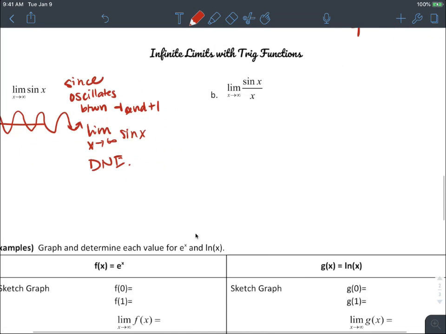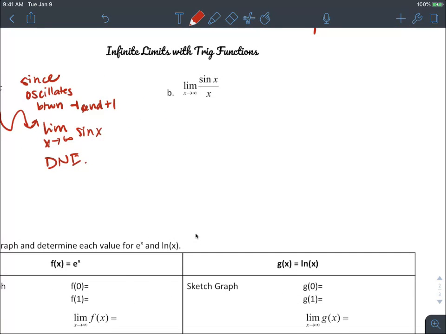Okay, here's a fun one. The limit as x approaches infinity of sine x over x. You would think that this one wouldn't work either, but this x is getting larger, while sine x is bounded between -1 and 1.